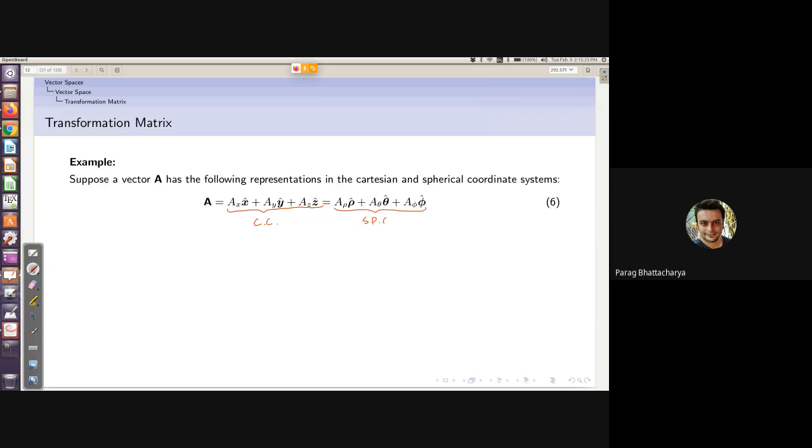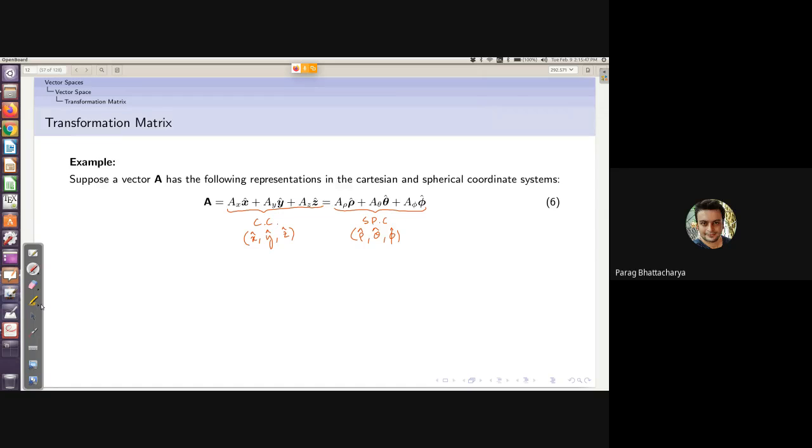In Cartesian coordinates, what is the basis? The basis is x cap, y cap, and z cap. And in spherical polar coordinates, the basis is rho cap, theta cap, and phi cap.